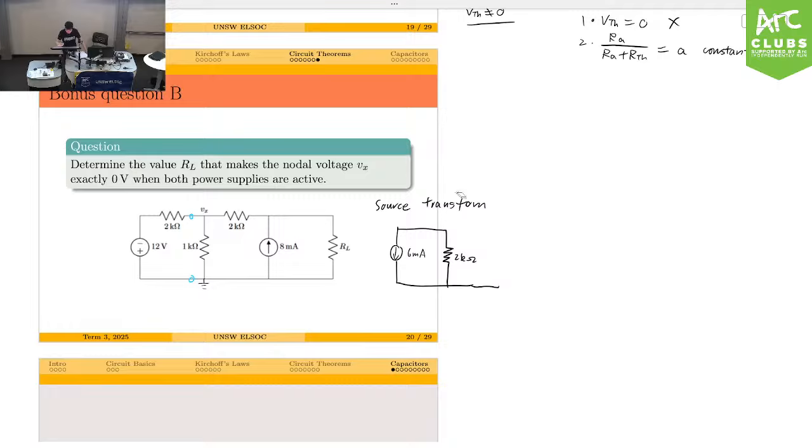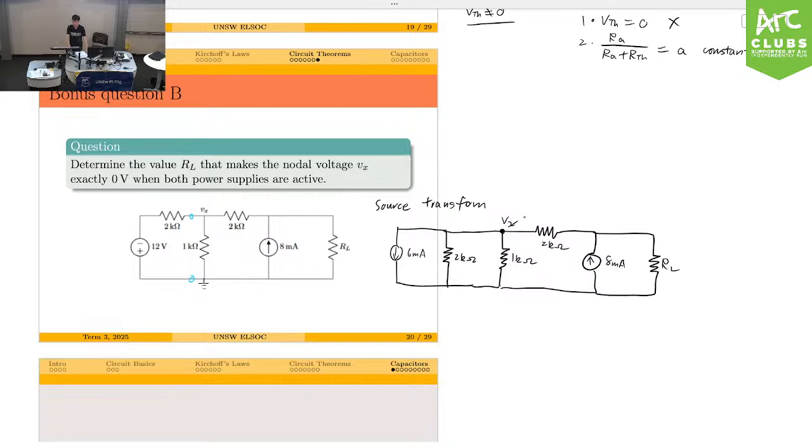And that's in parallel with the 1 kilo ohm, which is in series with the 2 kilo ohm, and then of course I'll just show the remaining circuit up here. That's IL, 2 kilo ohm. And Vx, of course, still stays here. Cool. So that's the new circuit we have determined from source transform.